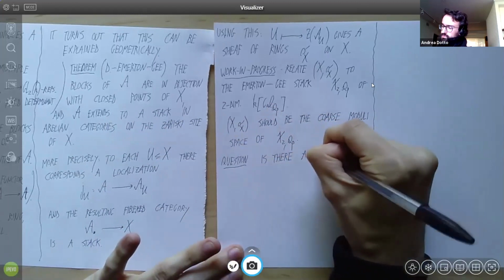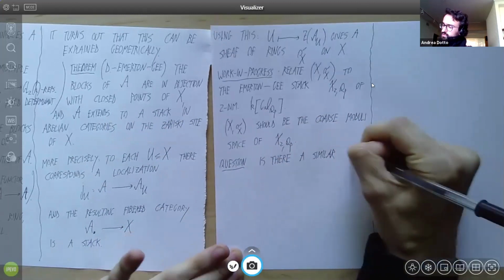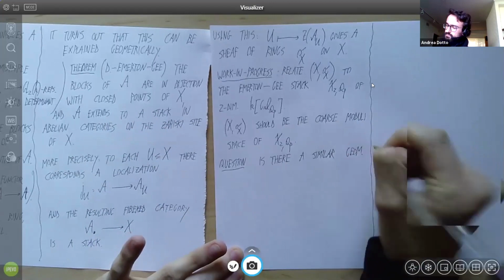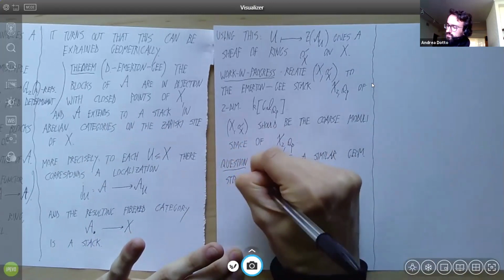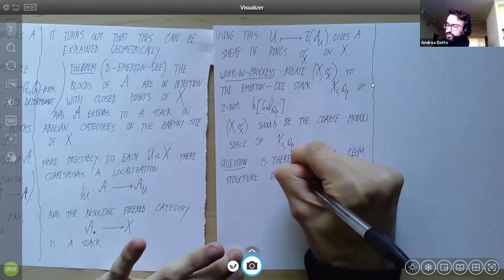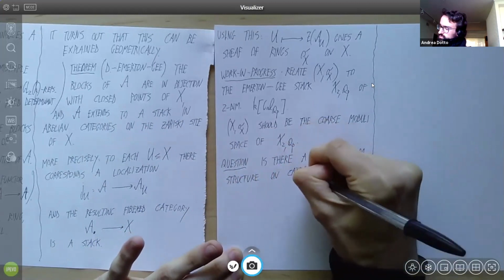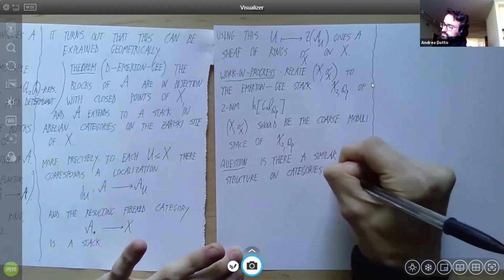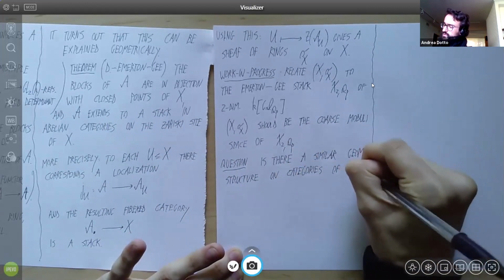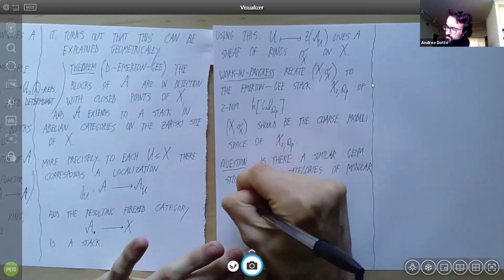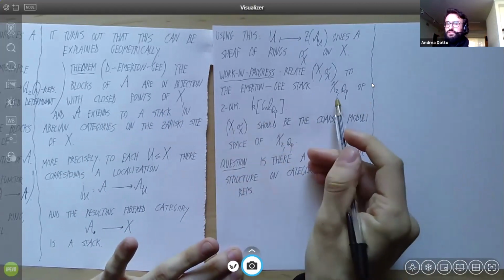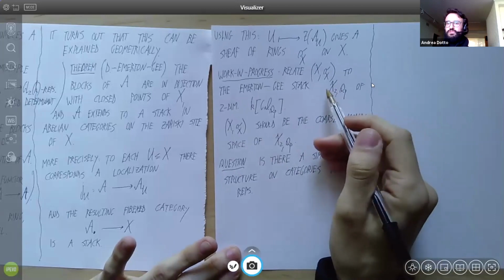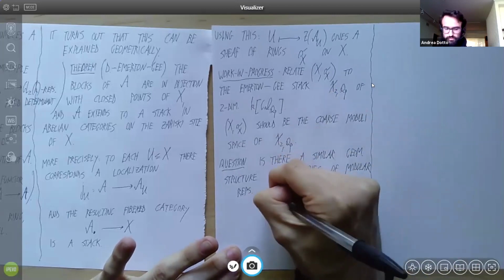Is there a similar geometric structure on categories of modular representations of other groups? And if such a thing existed, then it would be interesting to try and relate it to coarse moduli spaces for other moduli spaces of Galois representations.